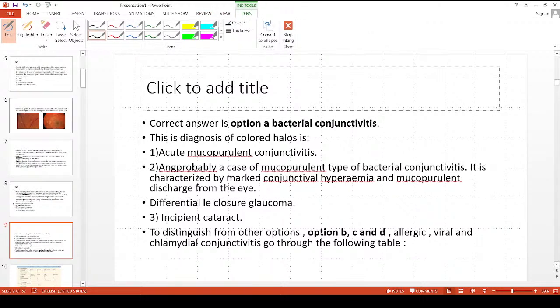To distinguish from other options, you must know the differences seen in allergic conjunctivitis, viral conjunctivitis, and chlamydial conjunctivitis through the following table.